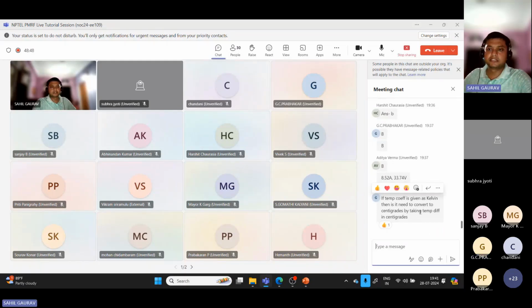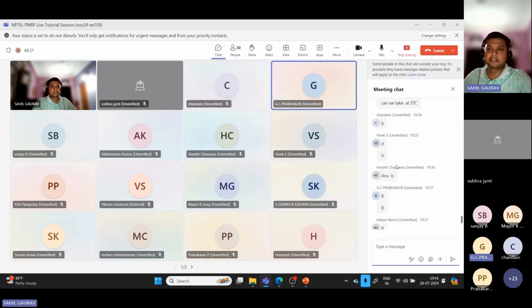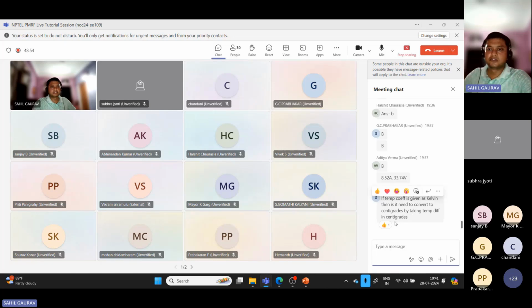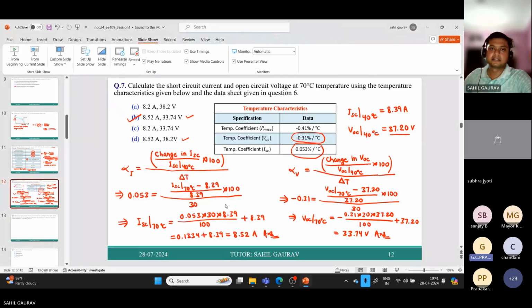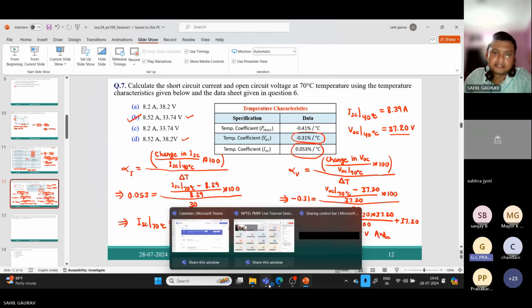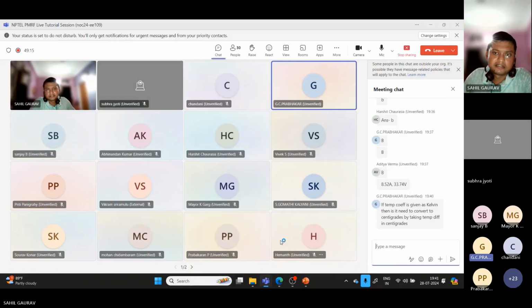If the temperature coefficient is in Kelvin, then it is converted to centigrade by taking the temperature difference in centigrade. In the tutorial class, the data sheet gave alpha in Kelvin, and the instructor took alpha in Kelvin and the temperature difference in degrees centigrade. Is that the correct way, or do we need to convert alpha into degrees?